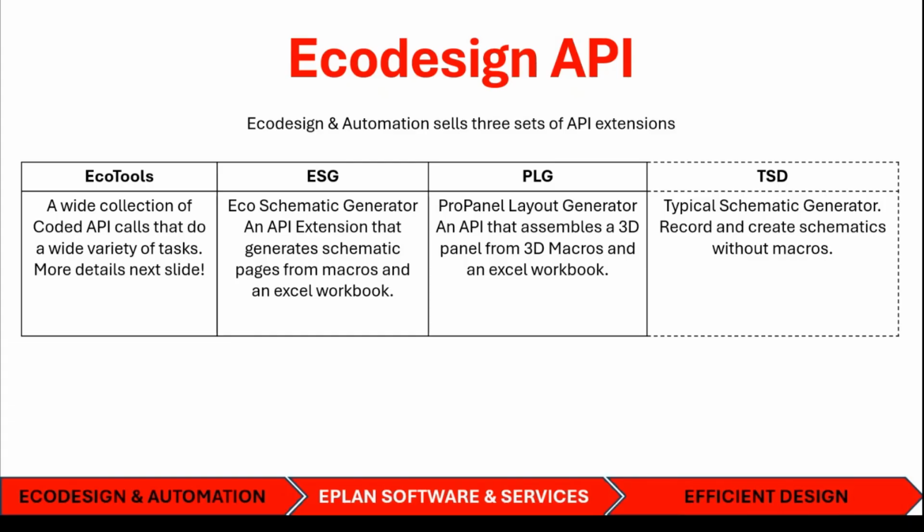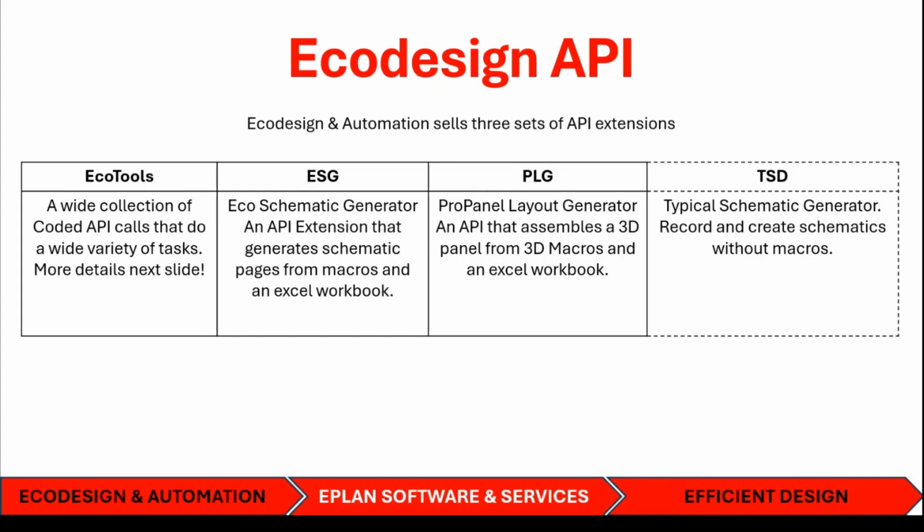At EcoDesign, we sell 3 APIs. The first one is EcoTools, which is a wide collection of different API programs. More details on the next slide. The second one is the Eco Schematic Generator.